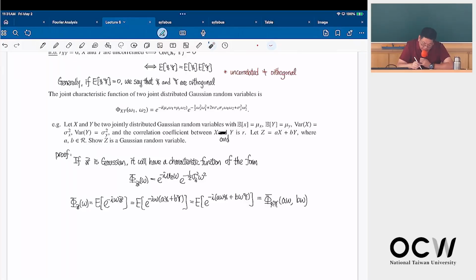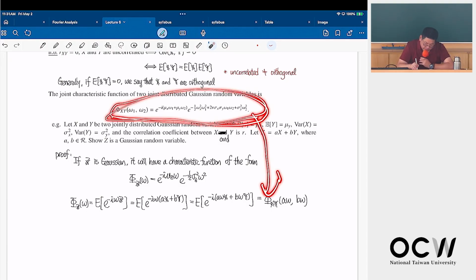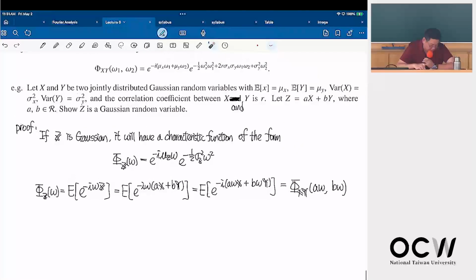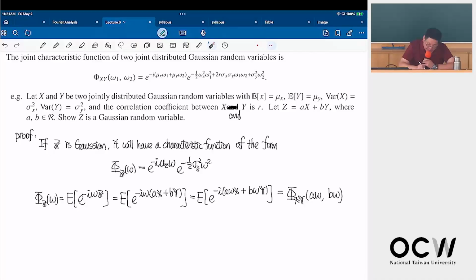Okay, we know X and Y are joint Gaussian, so their joint characteristic function is here. Plug in A omega and B omega instead of omega 1 and omega 2.